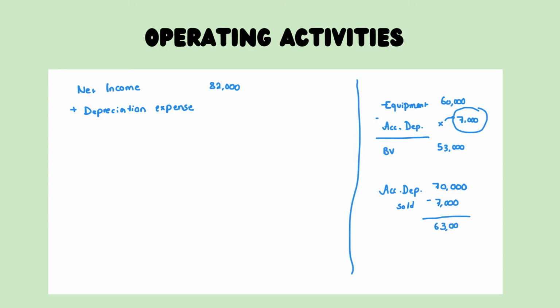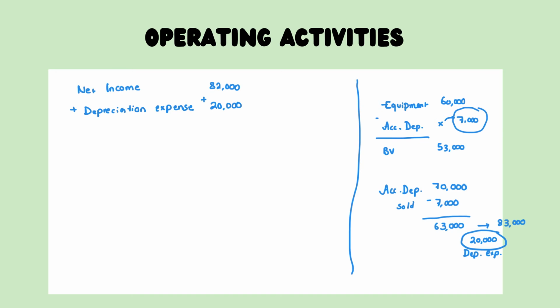But as you can see, the new balance is not 63, it's 83. It's higher by 20,000. So the 20,000 will be the depreciation expense for this year. Okay, so this is the depreciation expense I'm gonna use in my cash flow statement. So the depreciation expense here is gonna be 20,000.